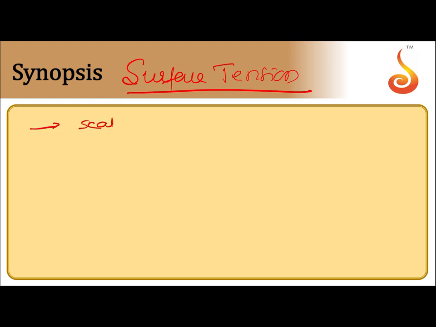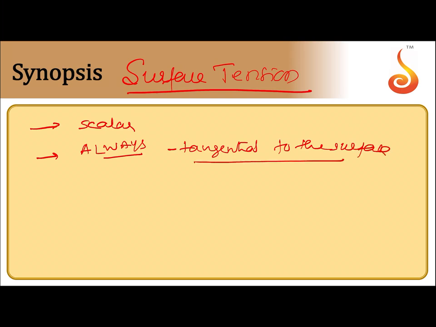Surface tension is a scalar quantity, and remember, it is always tangential to the liquid surface. Surface tension is always produced due to cohesive force, and if the cohesive force is more, surface tension is also more.